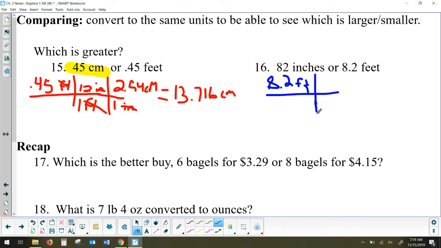How many feet are in inches? We just did that. We have 1 foot. It's 12 inches. 8.2 times 12 is 98.4.